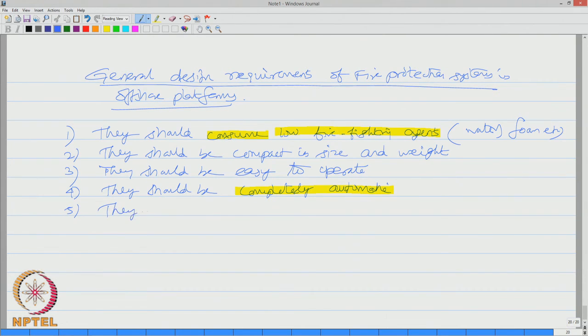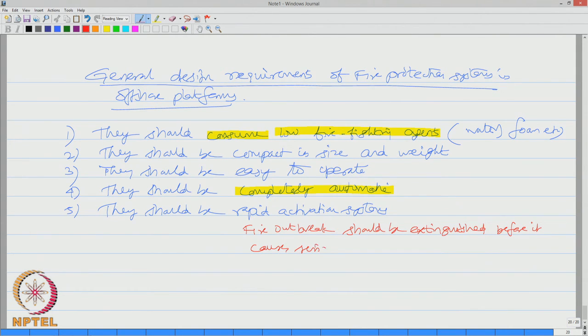They should be rapid activation systems. Because fire outbreak should be extinguished before it causes serious damage.